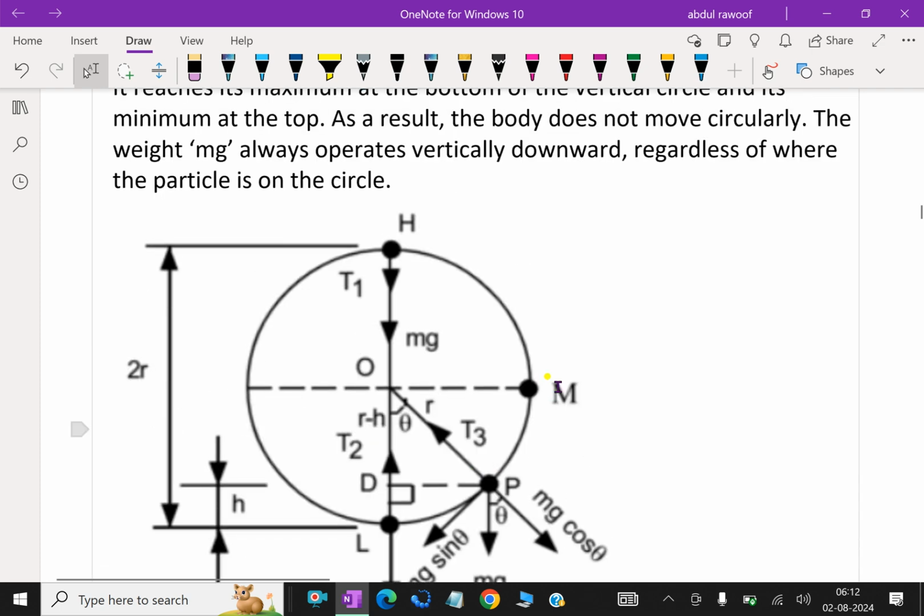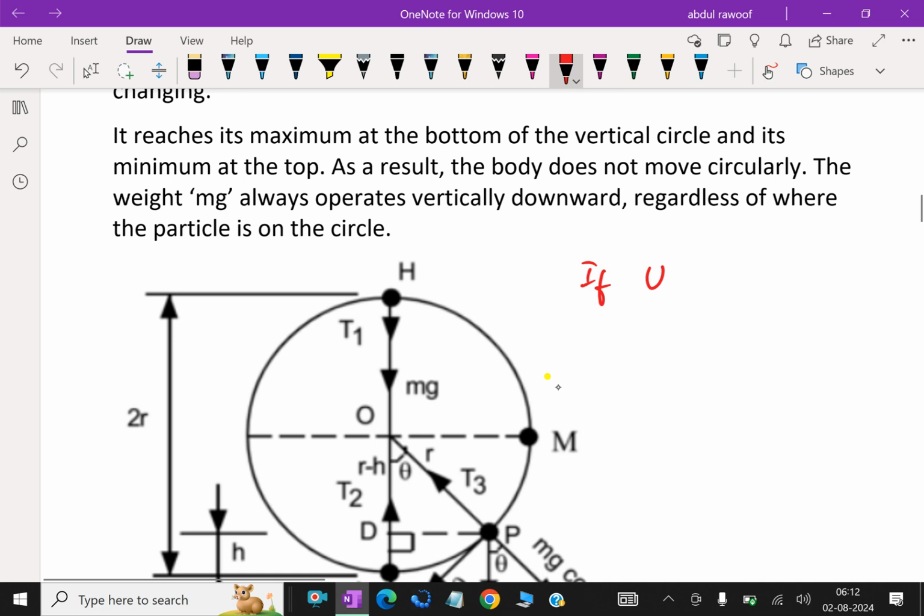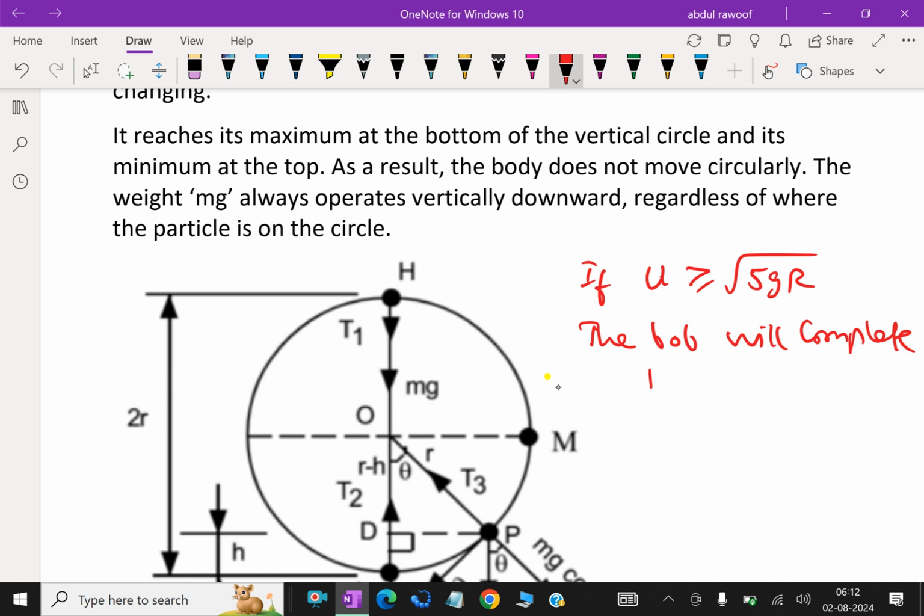Now, the conditions. If the initial velocity u of the object is greater than or equal to square root of 5gr, what happens? The bob will complete the circle.